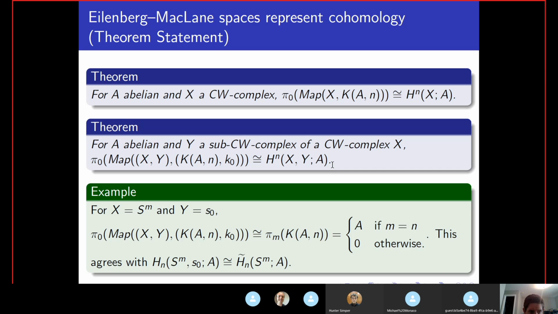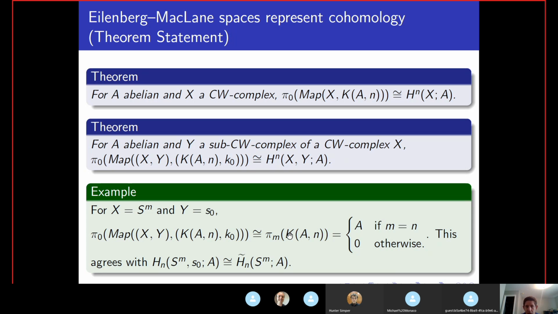Okay, so let's see what this theorem says in an example. When X is an M-sphere and Y is a point, this mapping space is base maps from a sphere into an Eilenberg-MacLane space.